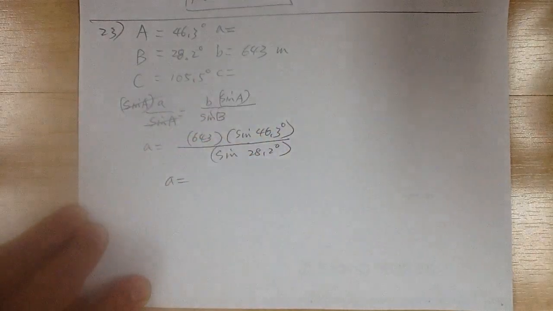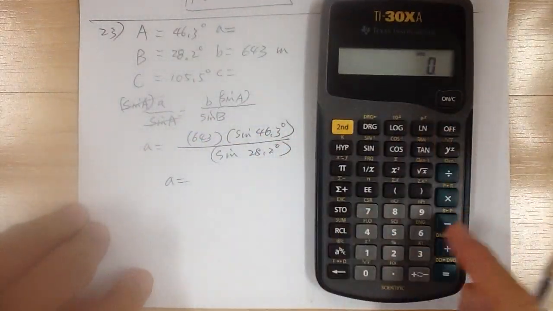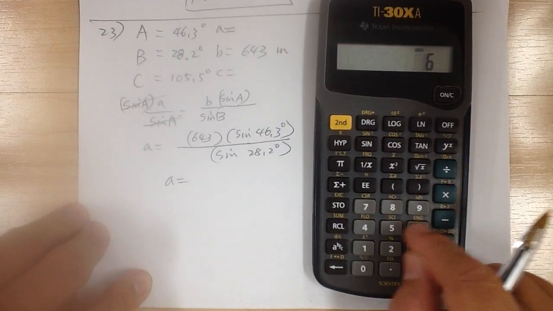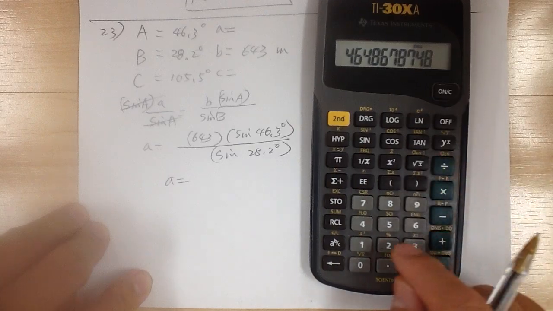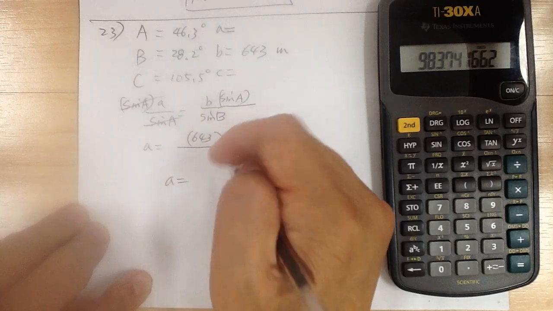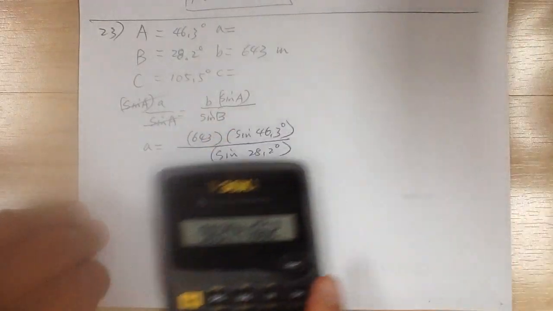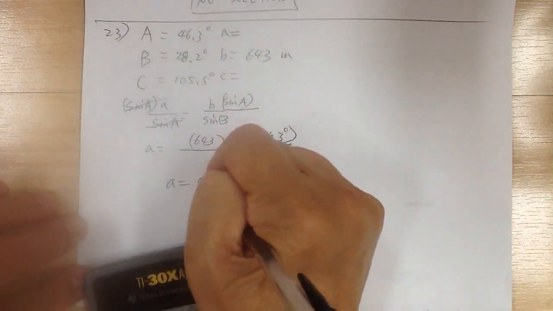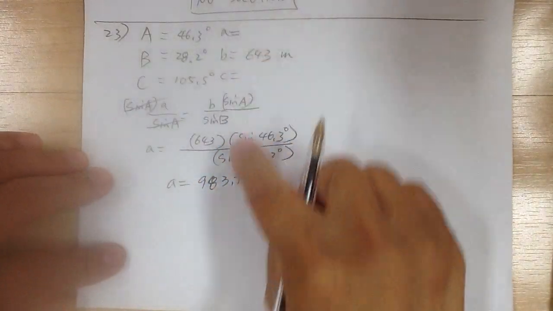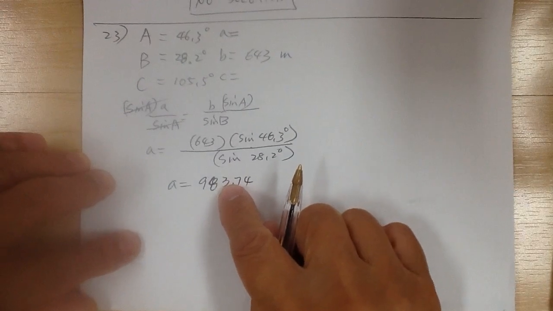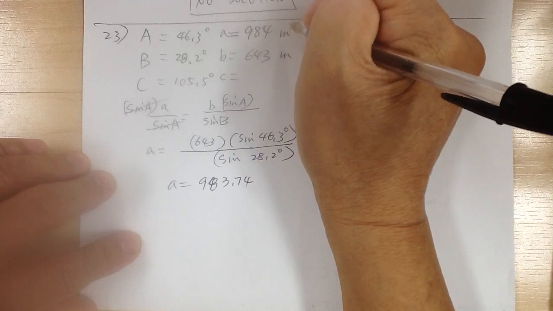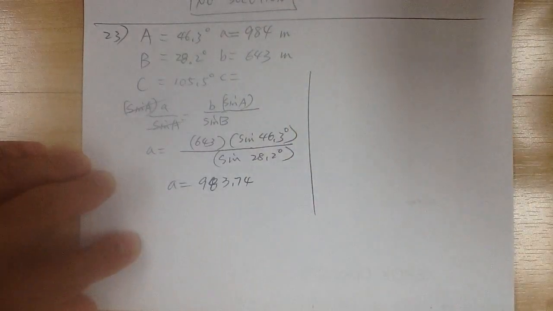Get a calculator: 46.3 sine times 643 divided by 28.2 sine equals 983.74. When you bring it up here, you have to round to the nearest integer, so it'd be 984 meters.